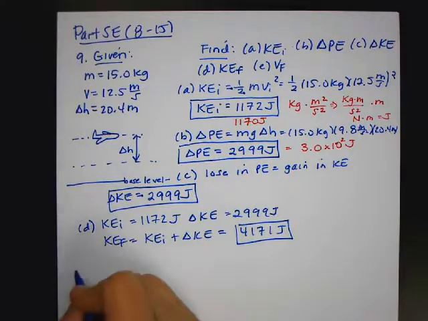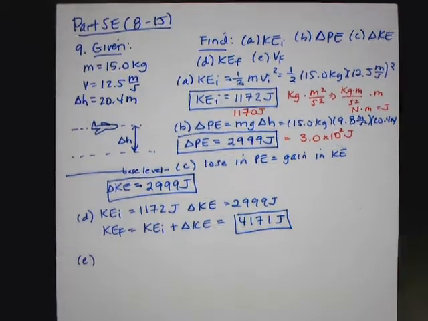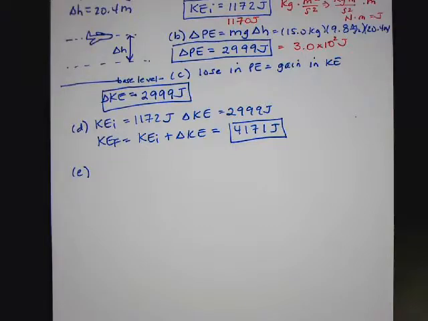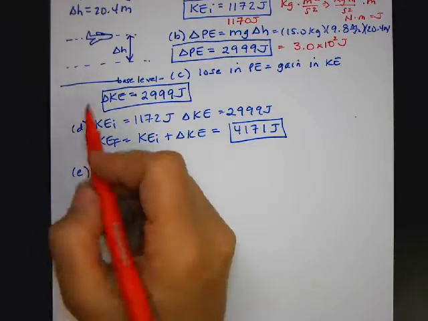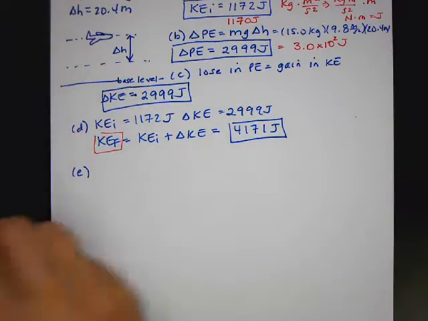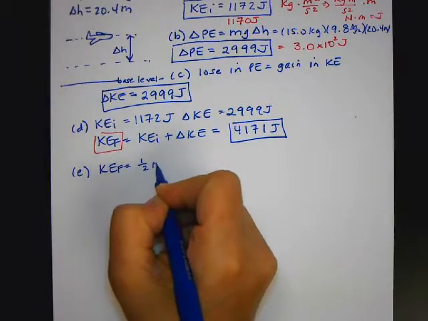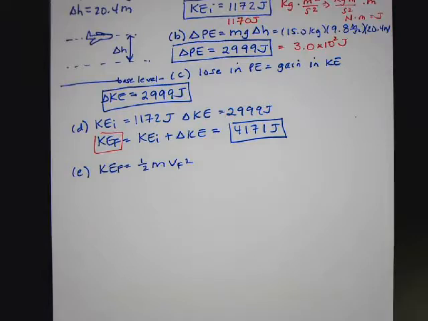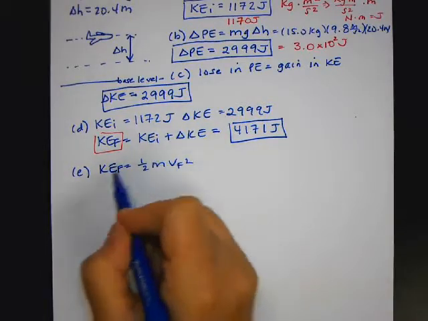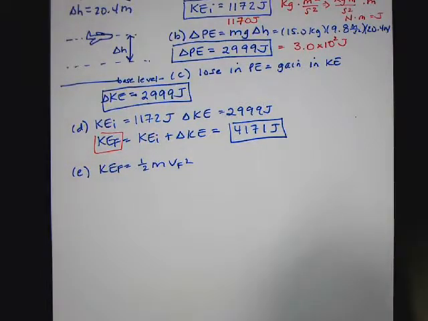And then the last part, part E, says, what's the new horizontal velocity? So if this is the final kinetic energy, I know the final kinetic energy is going to be 1/2 mvf squared. So I just need to rearrange the equation to solve for the unknown in terms of the known.